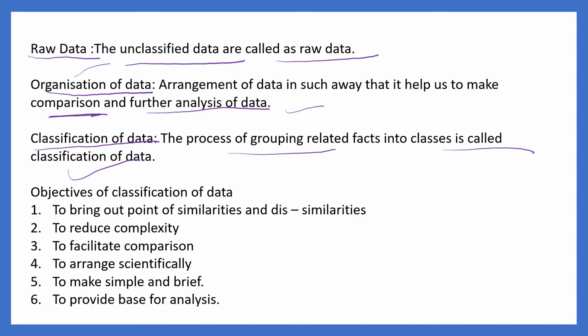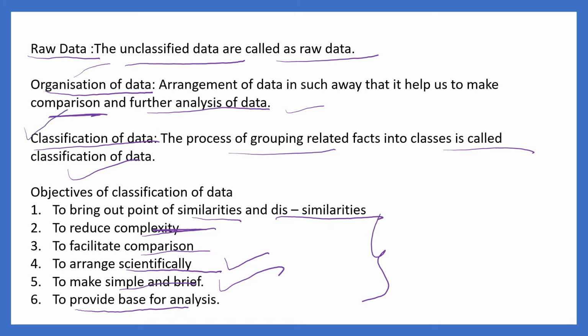To bring out the points of similarity and dissimilarity, to reduce the complexity of data, to facilitate comparison, to arrange it scientifically, to make it simple and brief, and to provide a base for analysis. So with this intention, we classify the data according to the related facts.